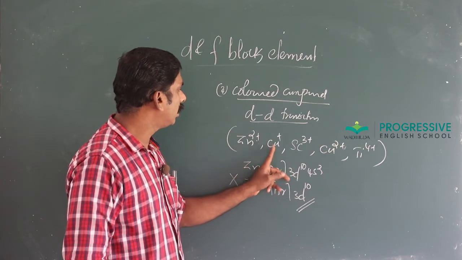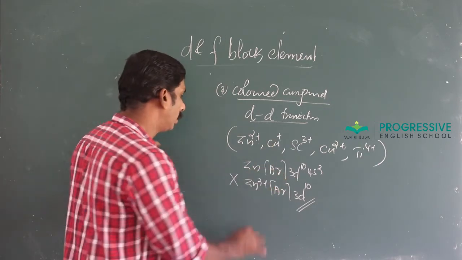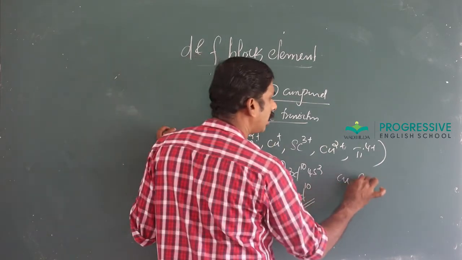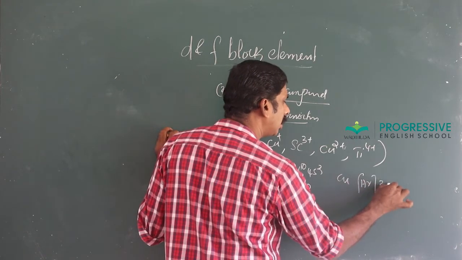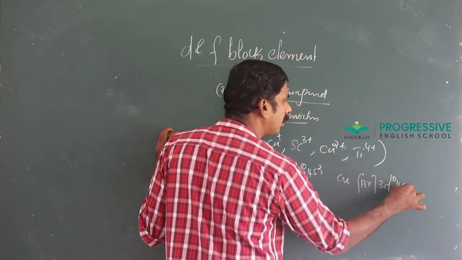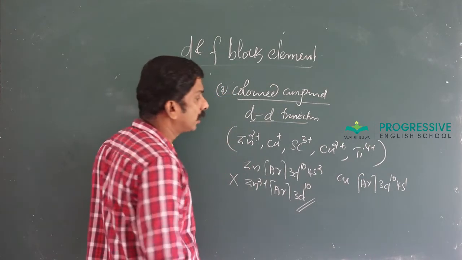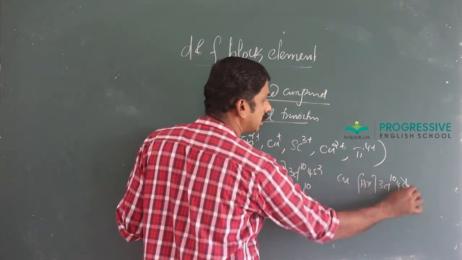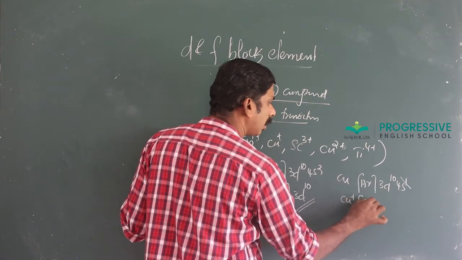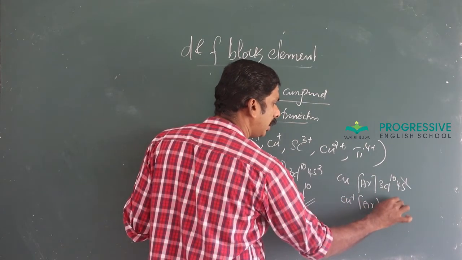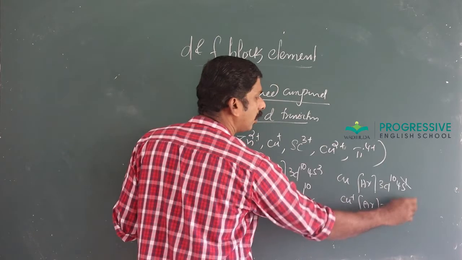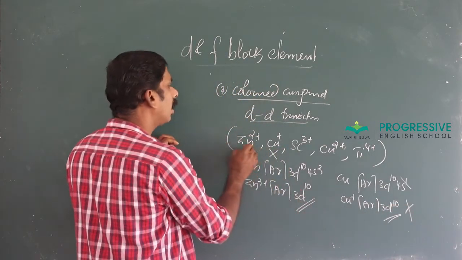And next we consider the Cu plus ion. Copper electronic configuration is argon core 3d10 4s1. Cu plus is again argon core 3d10, d10 configuration. It is also colorless.